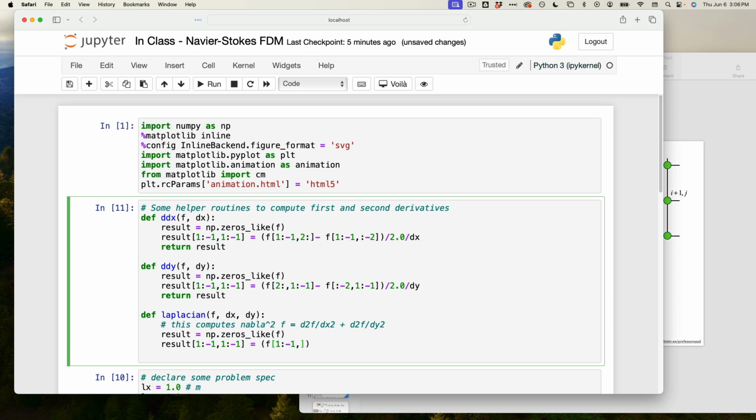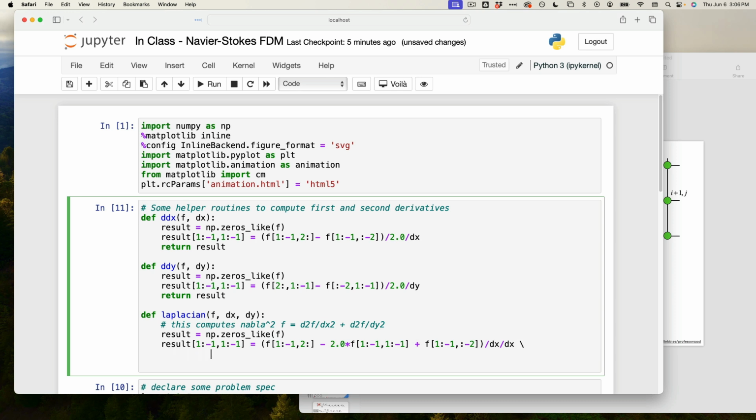We're starting in the x-axis, so this would be f i plus 1 minus 2 f i plus f i minus 1, over delta x squared, plus, same thing, so let's go down a line, plus, I'm going to copy and paste all of these and swap the indexing.